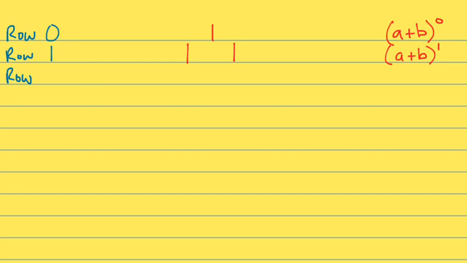Okay. Next row would be row 2, and that would be (a + b) squared, which you would know how to multiply out. You can actually write the (a + b) parenthesis twice and then FOIL, or multiply them together. And depending on what the terms are, whatever you simplify it to be, there will only be 3 terms at the end.